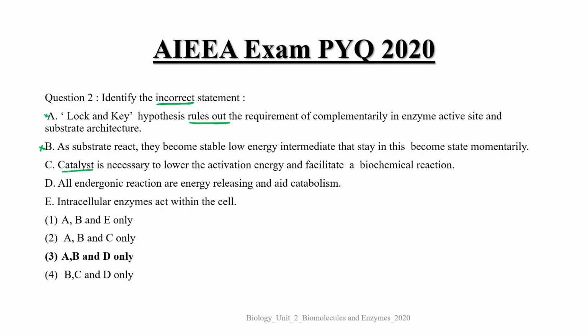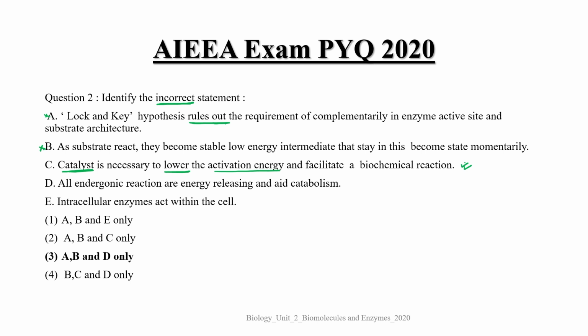Since this is biology, we are discussing bioenzymes, enzymes as catalyst. The catalyst is necessary for lowering down the activation energy, so reactants quickly react to each other and convert into a final product. After lowering the activation energy, the reaction proceeds quickly. So this one is the correct statement.